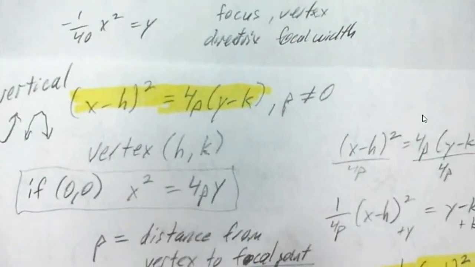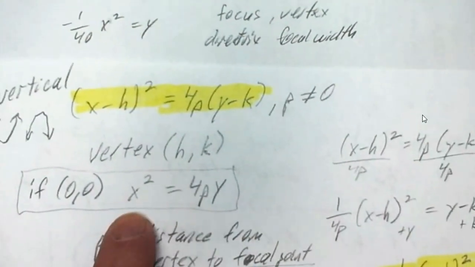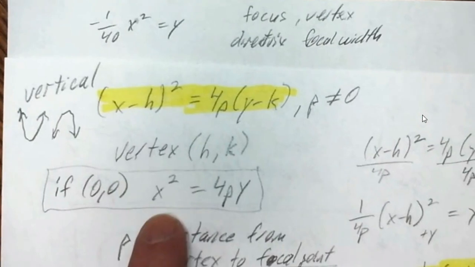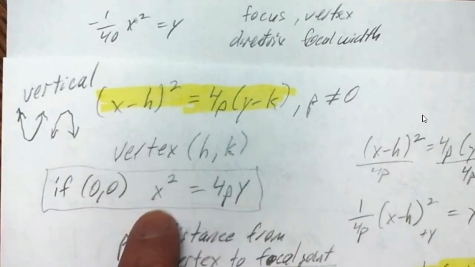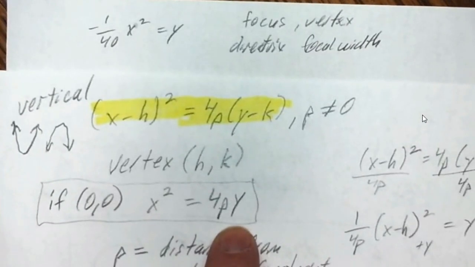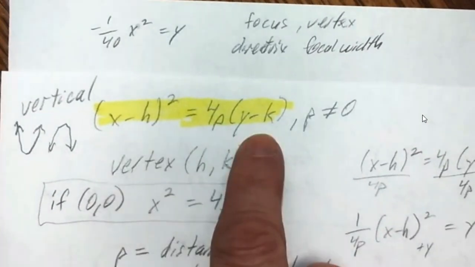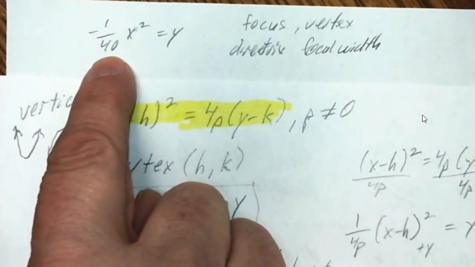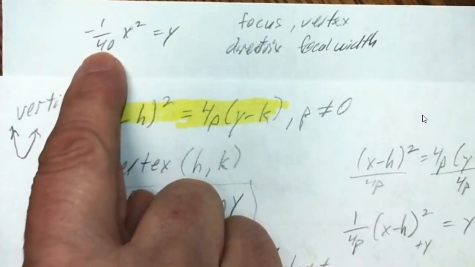So it looks like x squared would be a vertical, right? So if 0, 0 is the vertex, then x squared equals 4py. Now this one has the coefficients over with the x squared.